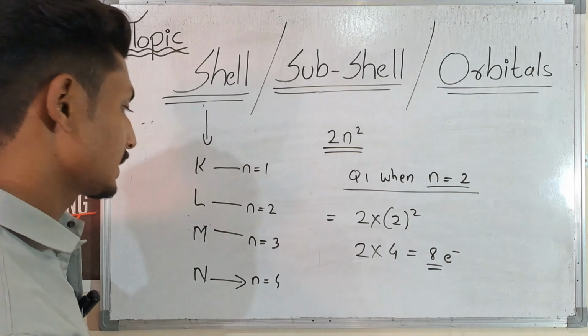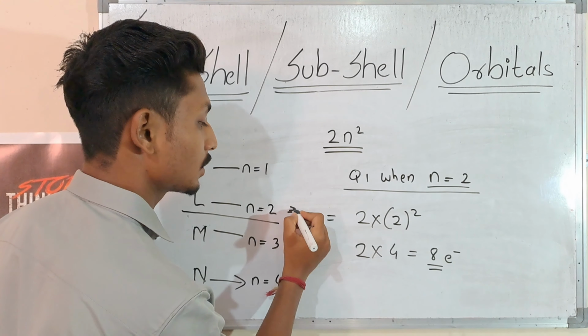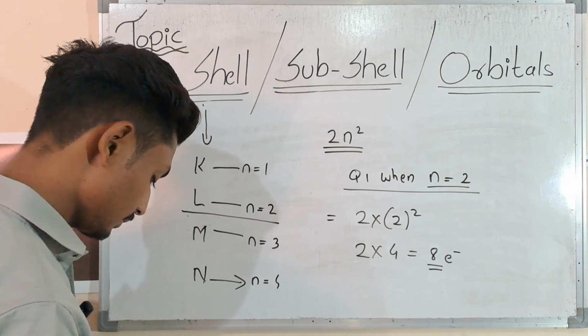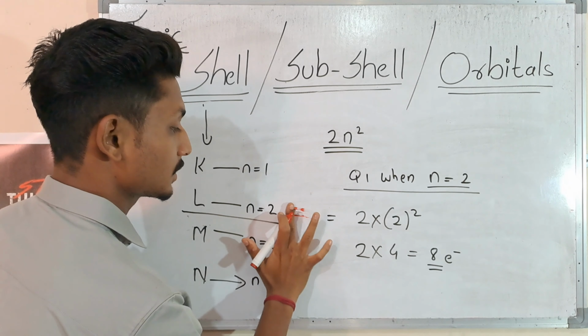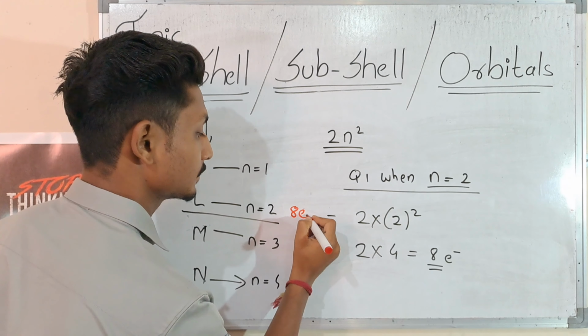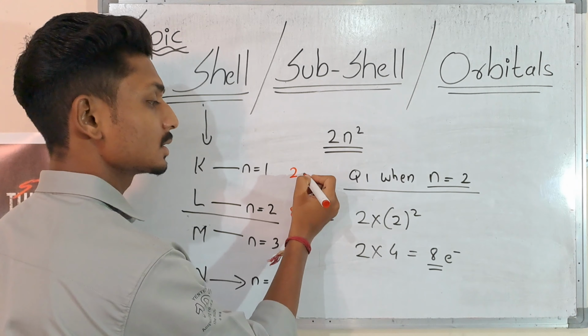And you know that L shell contains 8 electrons, and K shell contains 2 electrons.